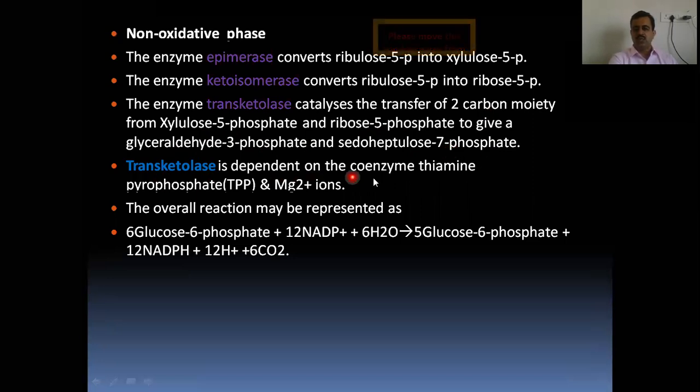Transketolase is dependent on thiamine pyrophosphate, TPP, and Mg2+ ions. The overall reaction may be represented as 6 glucose 6-phosphate plus 12 NADP+ plus 6 H2O gives 6 glucose 6-phosphate plus 12 NADPH plus 12 H+ and 6 CO2.